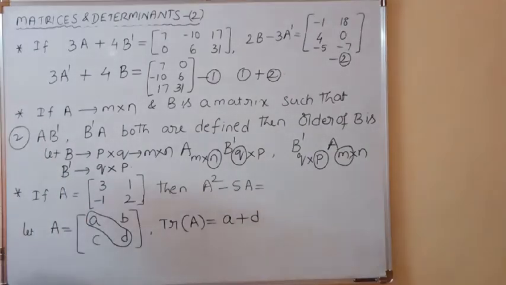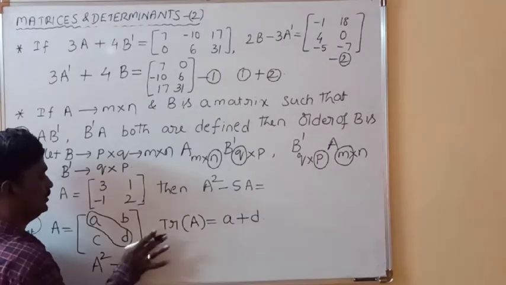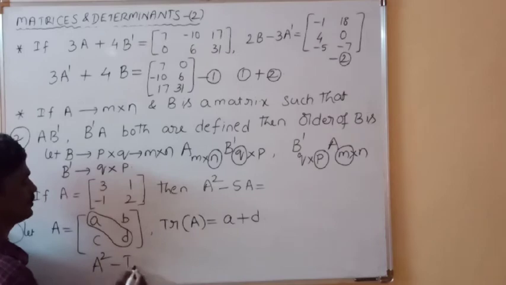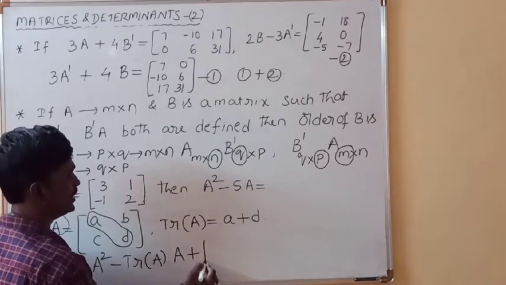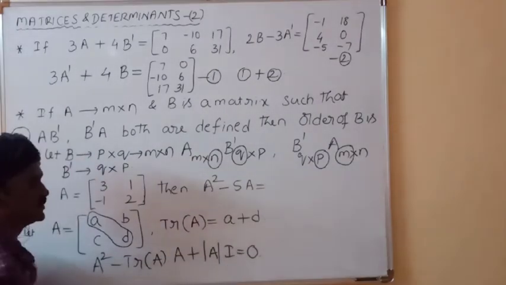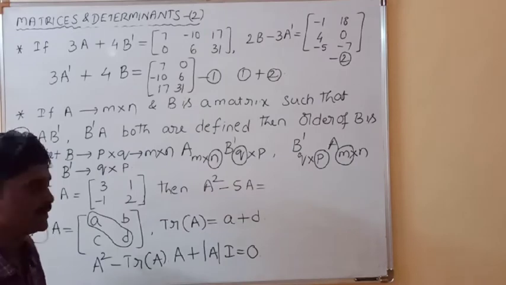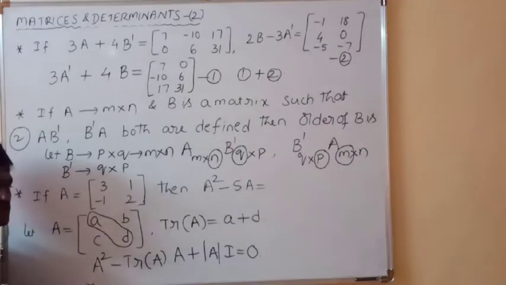For 2 by 2, what is the characteristic equation? It is A square minus (A plus D), or you can write trace of A into A, plus det A into I is equal to 0. Here 0 means the 0 matrix. If you take any 2 by 2 matrix, it satisfies this equation.